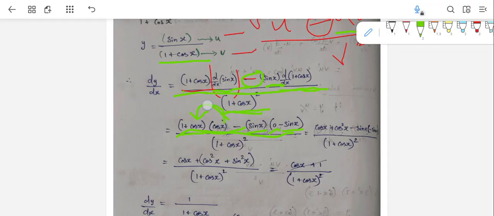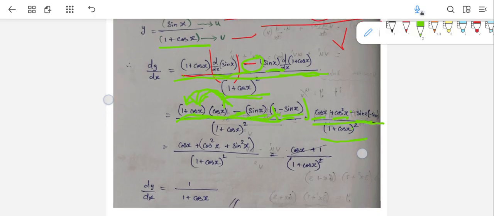When you multiply cos x with 1, you get cos x, plus cos x into cos x, cos square x, right? That's it. So minus sin x into minus sin x, because this other term is 0, you can leave it.